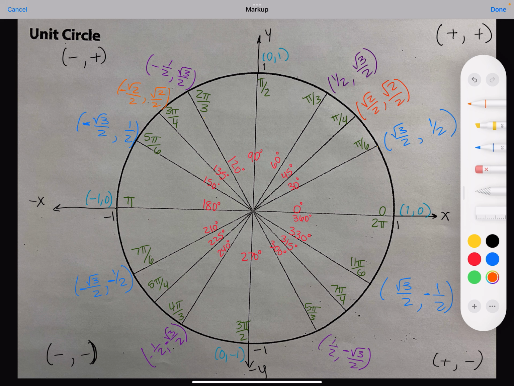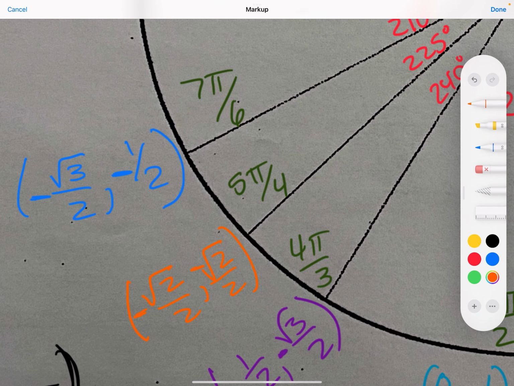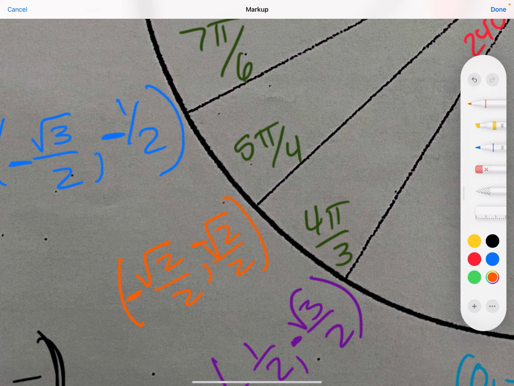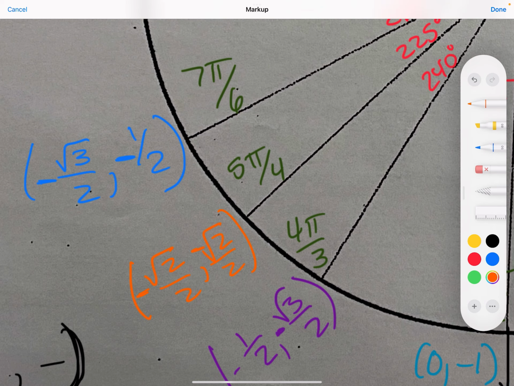So again, here, flip down. At 5 pi over 4, I'm still at root 2 over 2 and root 2 over 2. Both are negative down here. Both are negative at 5 pi over 4.